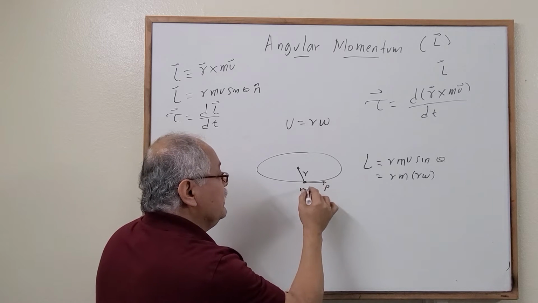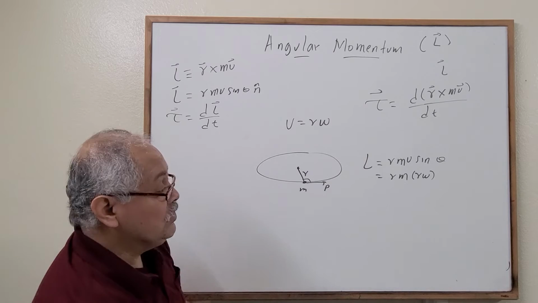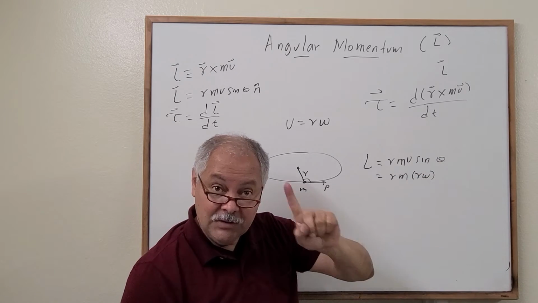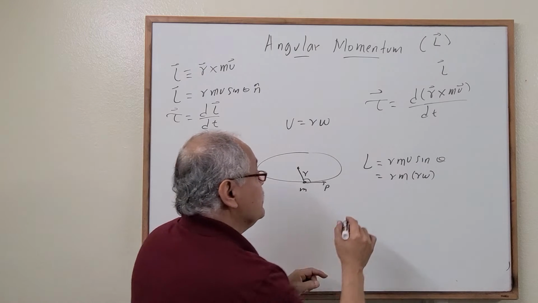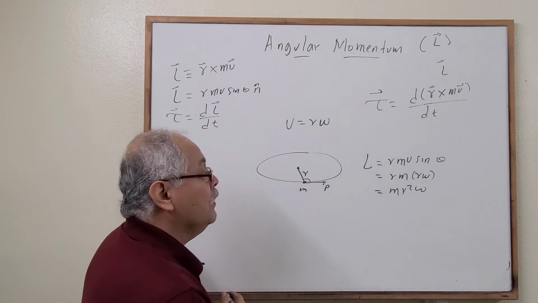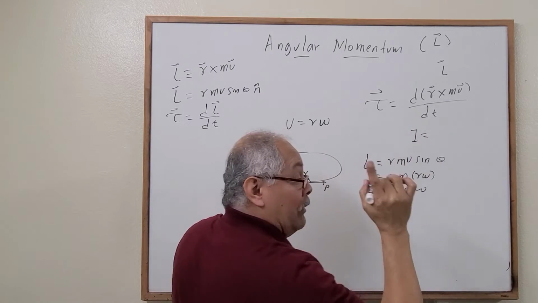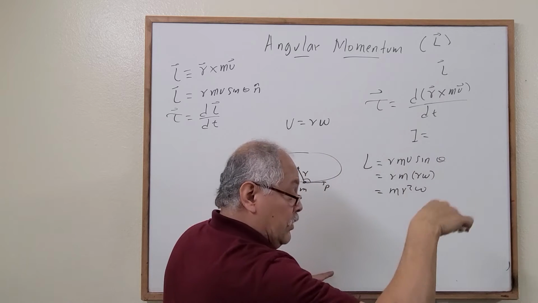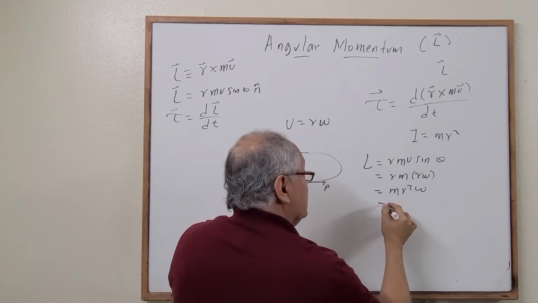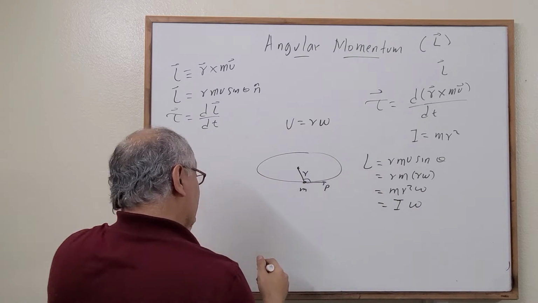In this case, v is related to momentum and is perpendicular to r, so the angle is 90 degrees. Sine 90 is 1. So this equals r squared omega. We found before that the moment of inertia for one particle moving in a circular path equals m r squared. So this equals the moment of inertia times omega.